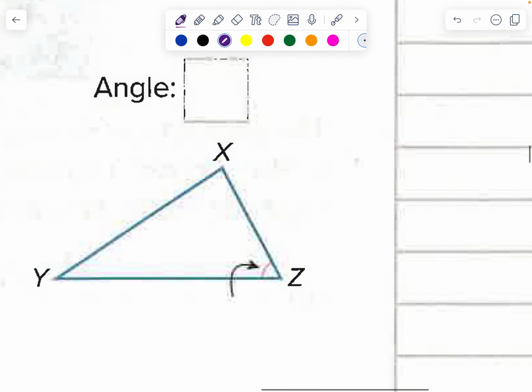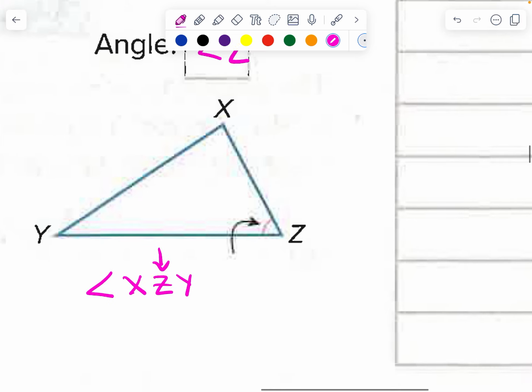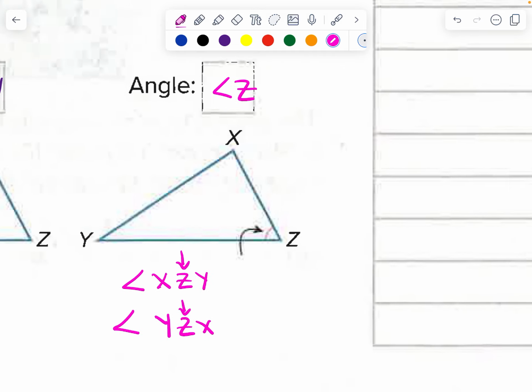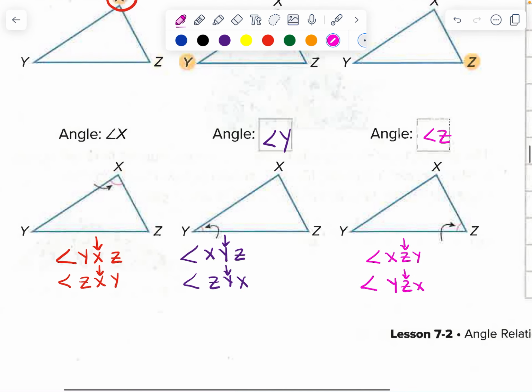Last but certainly not least, you have angle Z. Or again, you can write it as X, Z, Y as long as the vertex is in the middle, or Y, Z, X.